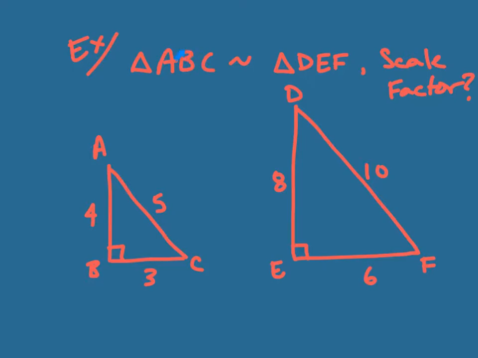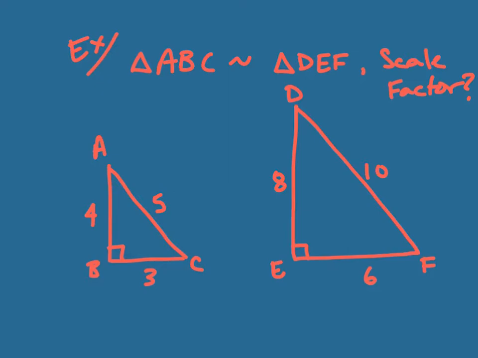Now, when I have this statement here, A corresponds with D, all right, B corresponds with E, and C corresponds with F. And you can see that here in this picture, okay, that A and D correspond, B and E correspond, and C and F, all right? So you can often tell by the picture, but you often really want to use the way that this is written to show you what corresponds to what, all right?